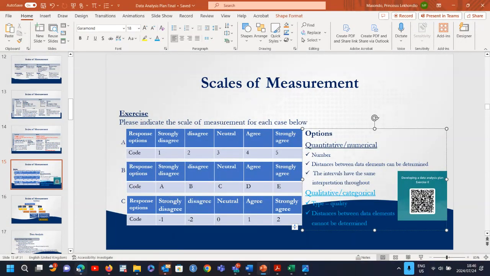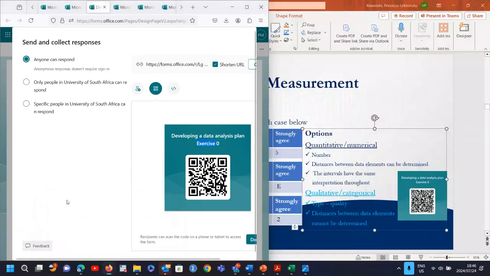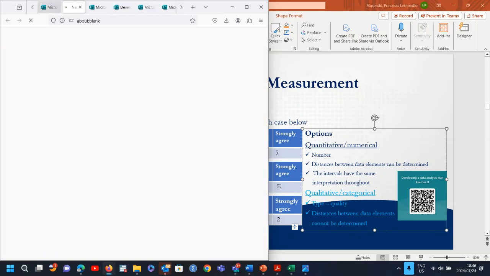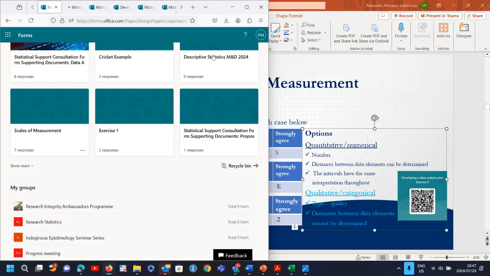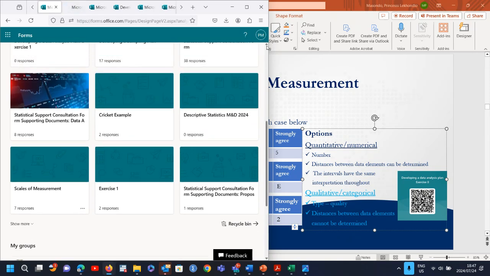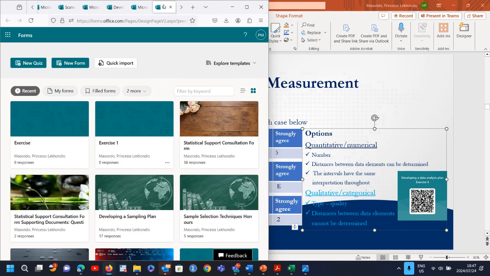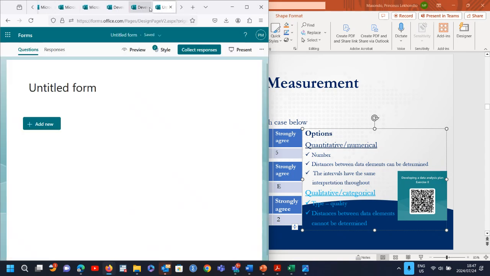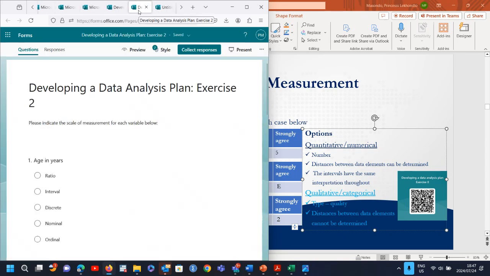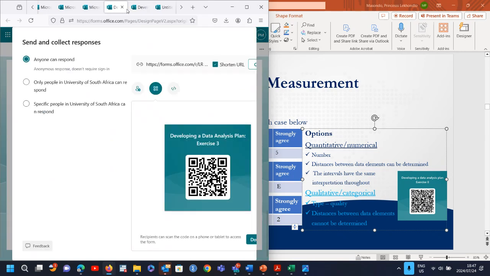Let me go into the form, and I've been struggling with my forms. Let's see, we'll be able to find the form. This is exercise 1, exercise 2, exercise 3. This is exercise 2.